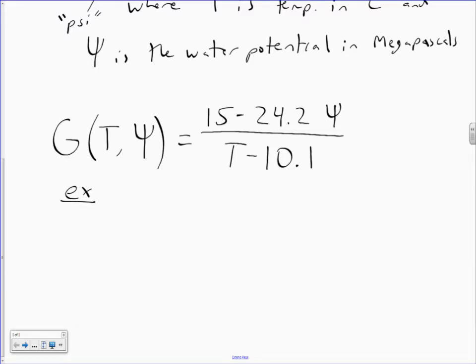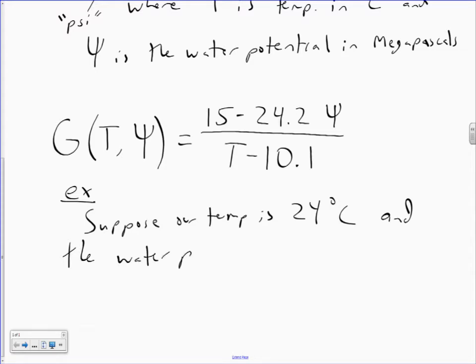So let's try something like, suppose our temp is 24 degrees Celsius. So that's right around 75 degrees Fahrenheit. And the water potential is minus 1 megapascals.